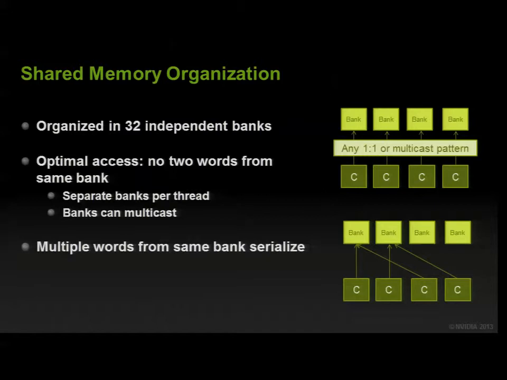There's a one-to-one pattern, and there is a multicasting pattern. So if multiple threads access the same element in the same memory bank, then that's fine. There's no problem. However, you can run into problems when you have multiple threads accessing different values in the same memory bank.